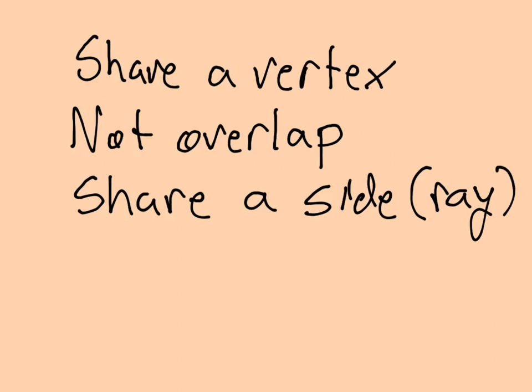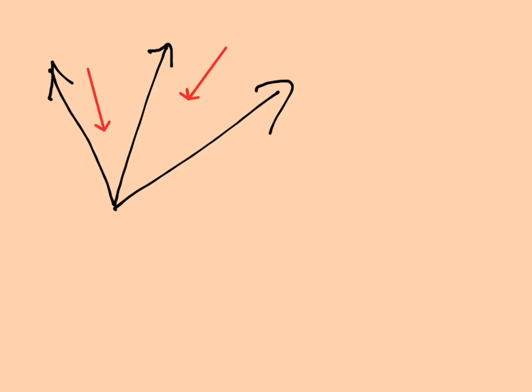So let's take a look at some examples. So adjacent angles, if I have that angle and that angle, these two angles are adjacent to each other because they share a vertex, they share a side, and they do not overlap.